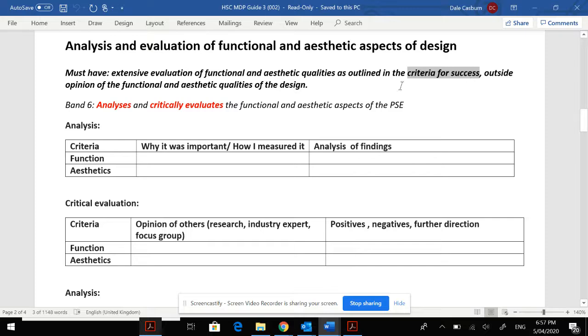So sometimes it's really good to go back and grab your criteria of success, just highlight it, copy it, chuck it down here so you remember what you're doing as you're completing this part of it. Not crucial, but an outside opinion of the functional and aesthetic qualities of the design is really good.